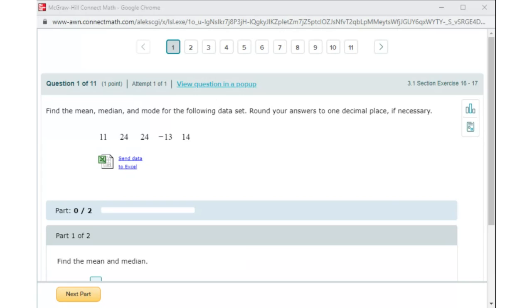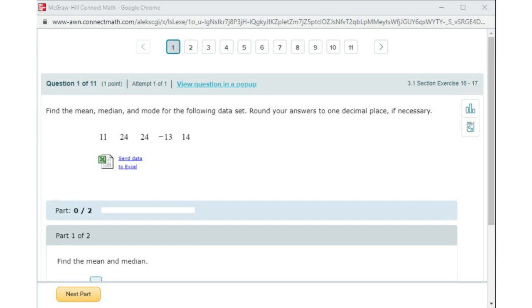So, you add those numbers up: 11, 24, 24, 14. I add the positive ones first, and then 13 is negative. So we got 60, and then you divide by 5. And so the mean would be 12.